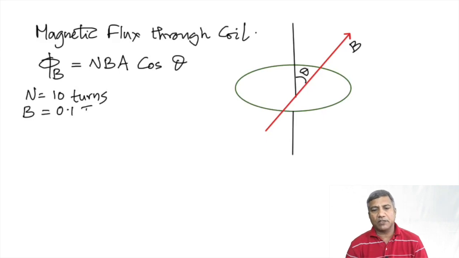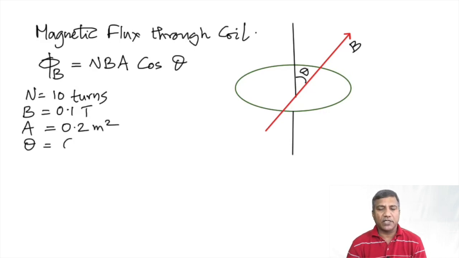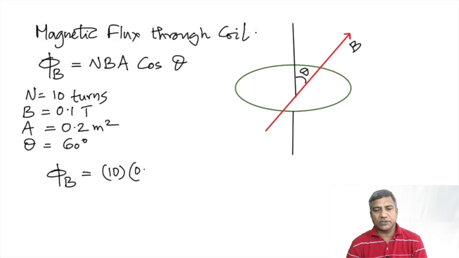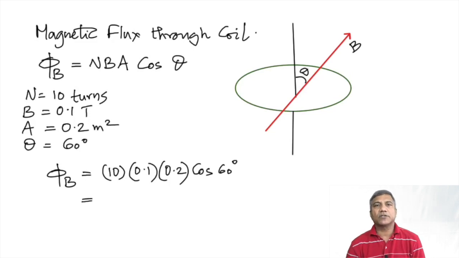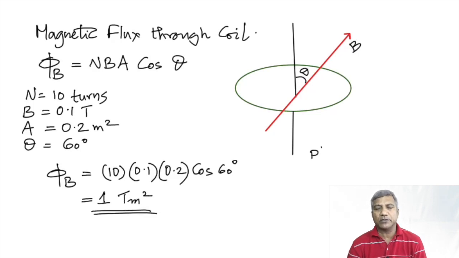So assuming that B is 0.1 Tesla and the area is 0.2 meter squared and theta is 60 degrees, then we can find the flux passing through it. Just put in the numbers, 10 times 0.1 times 0.2 times cosine of 60. That will give the total magnetic flux passing through the coil. Magnetic flux is measured in Tesla meter squared, okay?